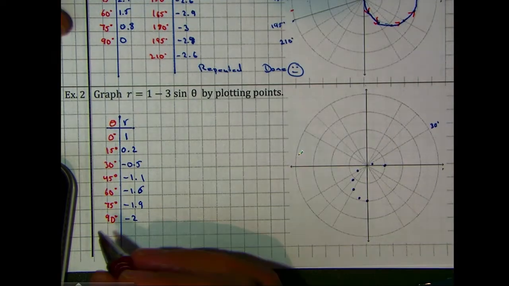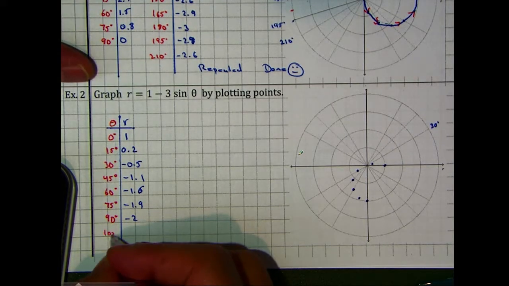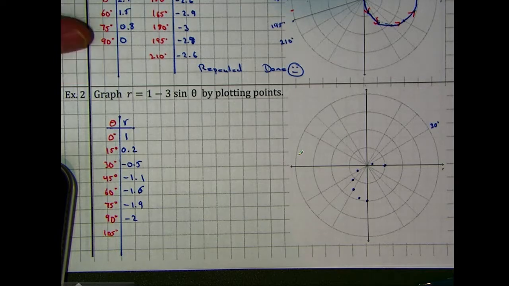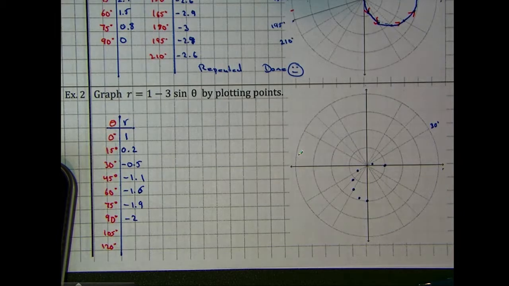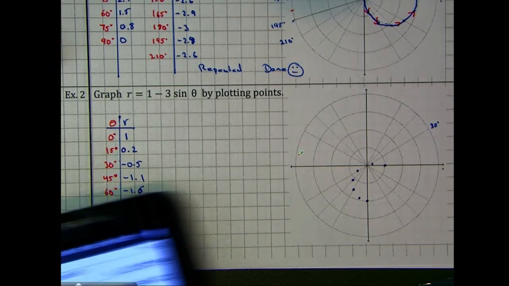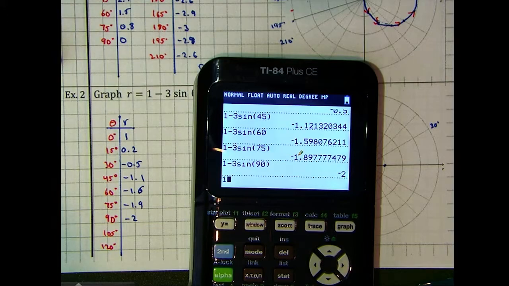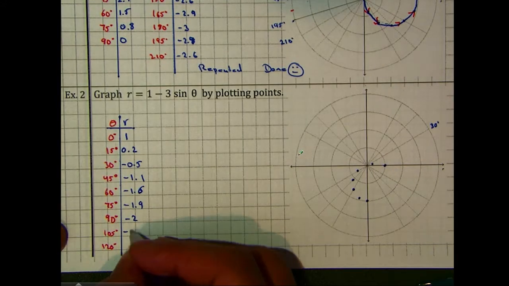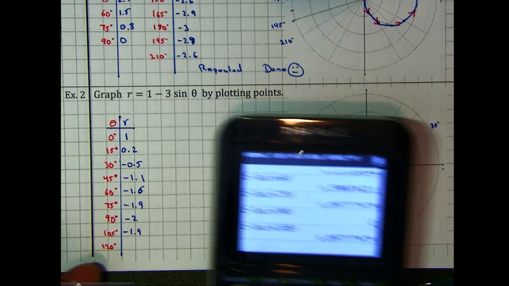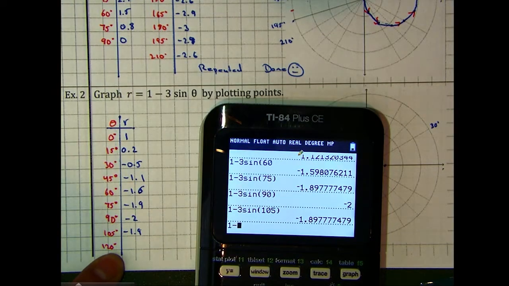After 90 is 105, 120. So 105 will be negative 1.9. 120, negative 1.6.